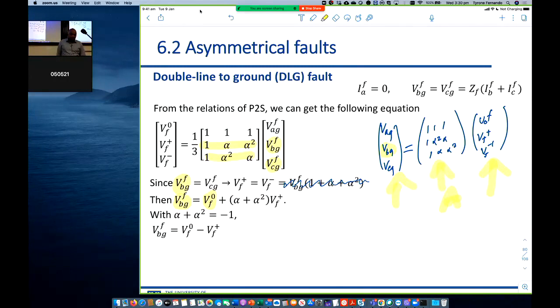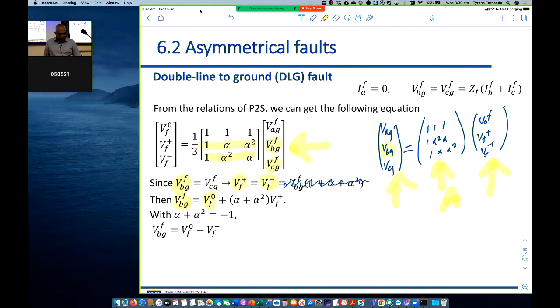If VBGF and VCGF are the same, then positive sequence voltage and negative sequence voltage are the same, by looking at the last two rows of that matrix, right? Because the second row multiplied by the vector and the third row multiplied by the vector is the same thing. So we have this relationship, VF plus must equal VF minus.